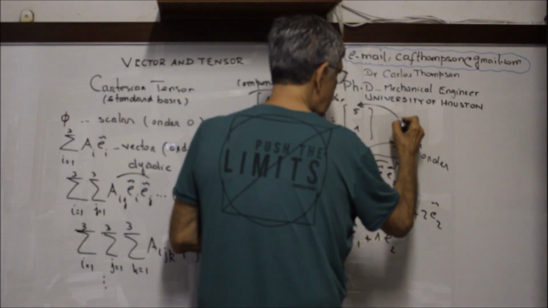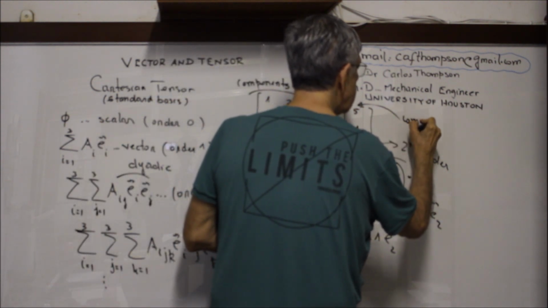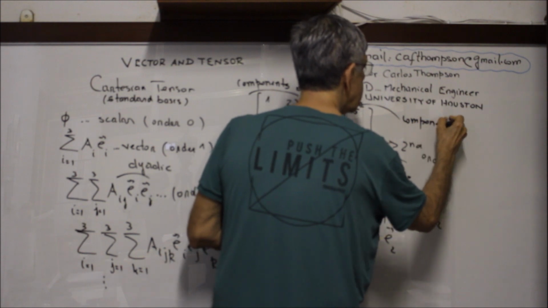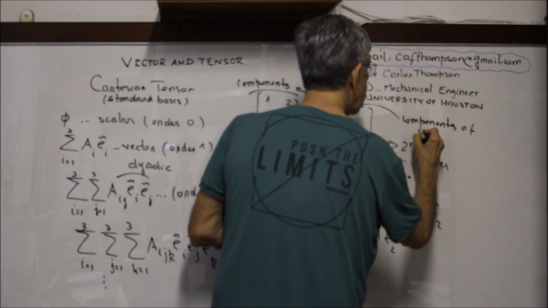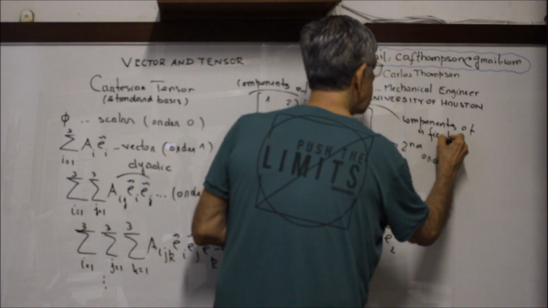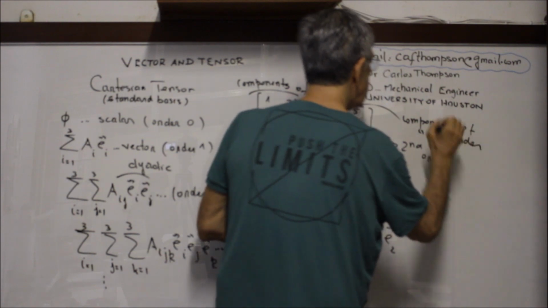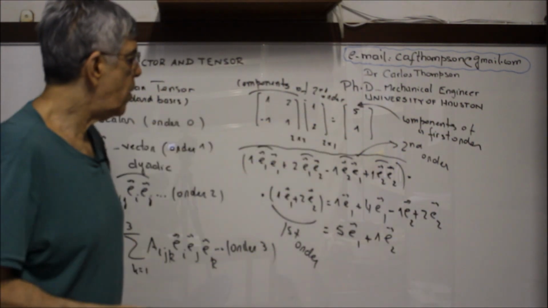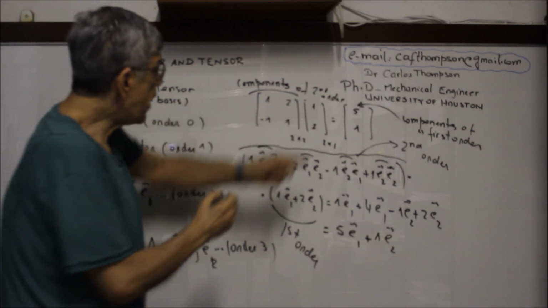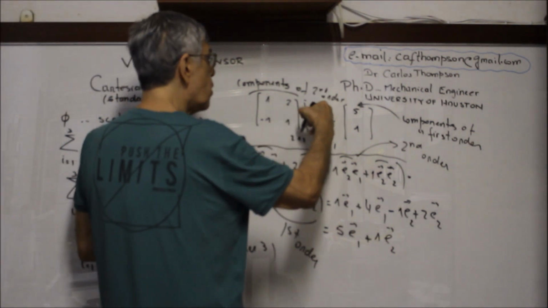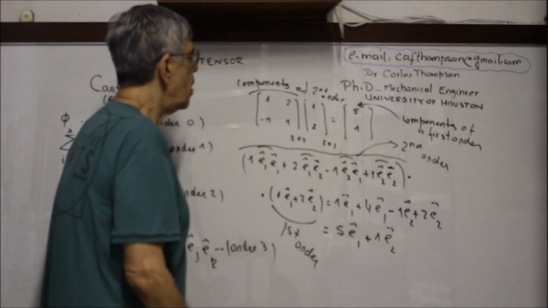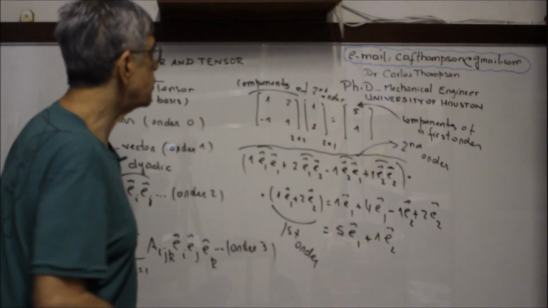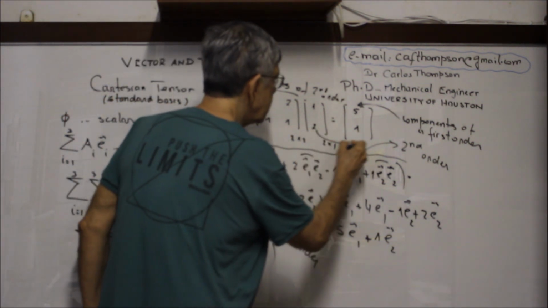Here we have the components of a first order tensor. Now you see, this is a vector too. These are components of a first order tensor. The same here.